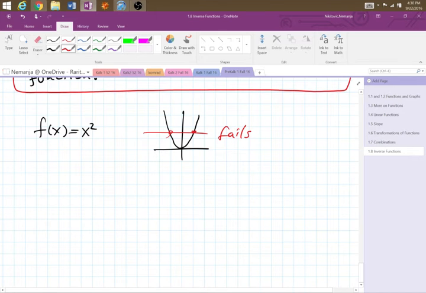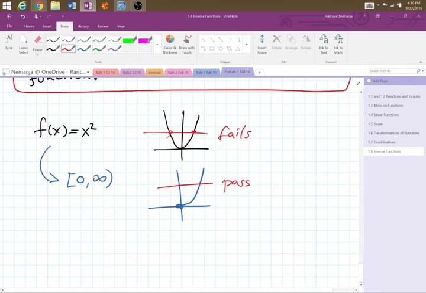Now observe what the restricted domain did. For the restricted domain, we said use only 0 to infinity, which graphs this way, and look at that. Pass the horizontal line test. And because it passed the horizontal line test, we know that the inverse of x squared on the restricted domain is its inverse function.